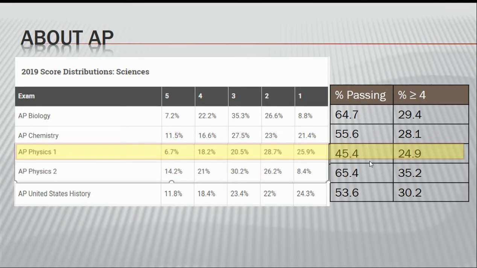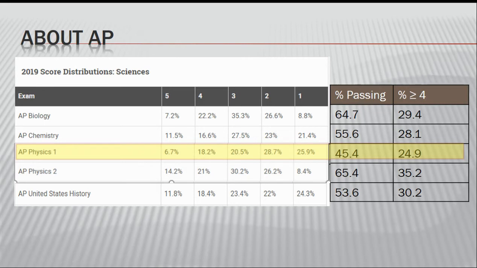So I put this slide up here just to talk a little bit about the AP Physics 1 assessment. Now, a lot of students go into the class thinking, oh, great, I go into this class and I get a college credit. I just want to be upfront with how this AP exam goes. These are the national numbers for how students score on the AP Physics 1 test.